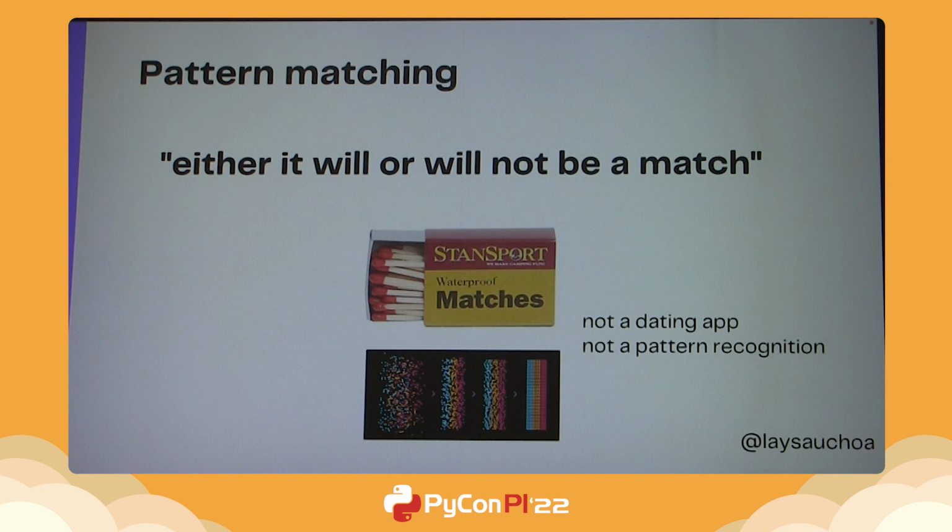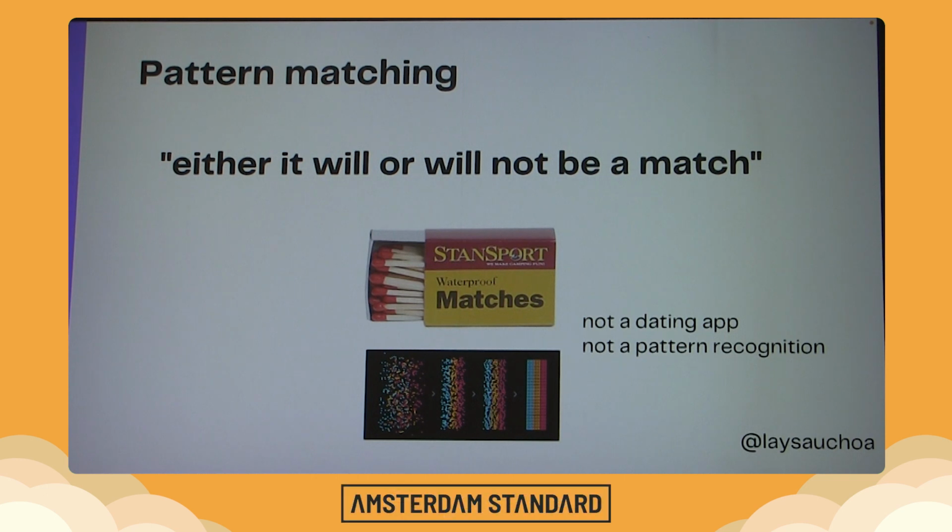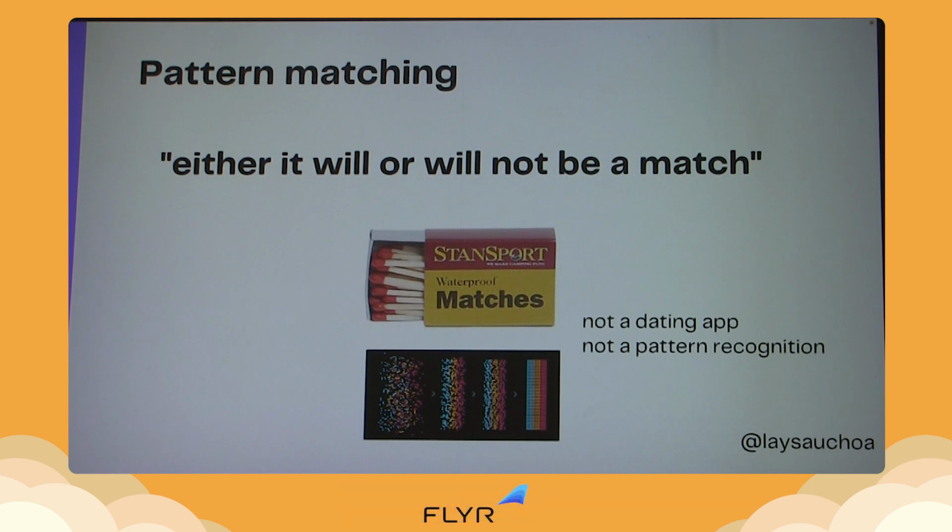And it's also different from pattern recognition, because when you have, for example, an image of a cat and you want to check, okay, is this a cat? You have some sort of threshold, maybe if it's 90% similar to what a cat looks like, it is a cat. So it is not really exact. But in pattern matching in Python, it will or it will not be a match.